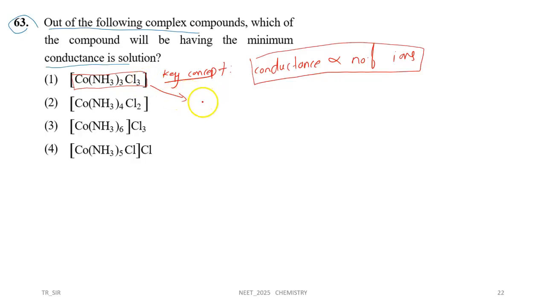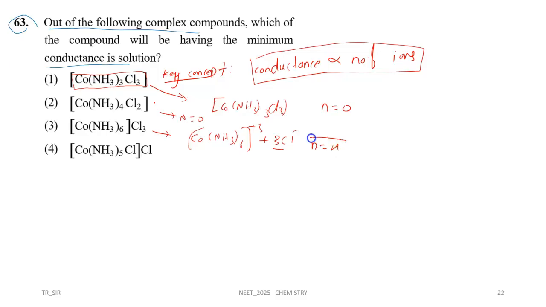In the first case, it stays as it is and does not dissociate further, so the number of ions is 0. In the second case also, no ions, so 0. In the third case, it dissociates into a plus 3 ion and 3 Cl minus, so 3 ions plus 1 ion, a total of 4. In the last case, [Co(NH3)5Cl] dissociates into a plus 1 ion and Cl minus, so n is equal to 2.